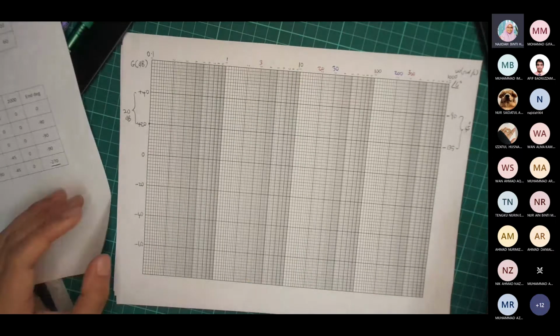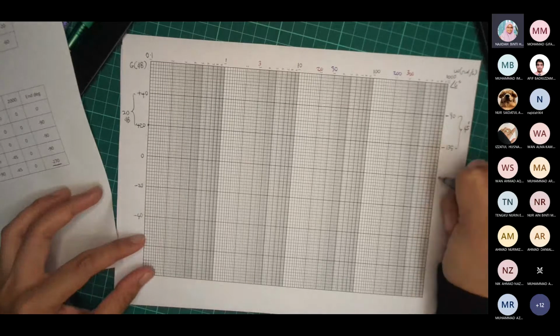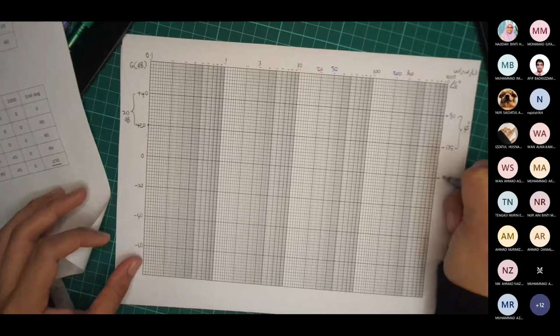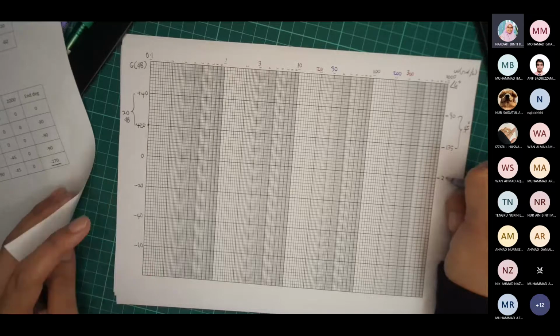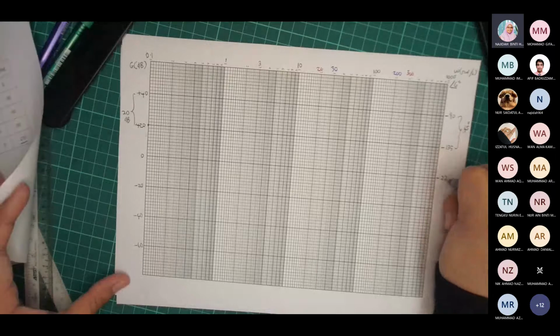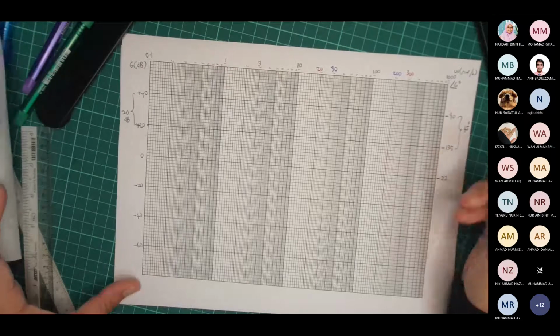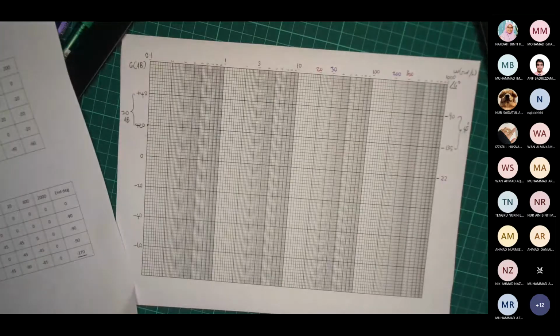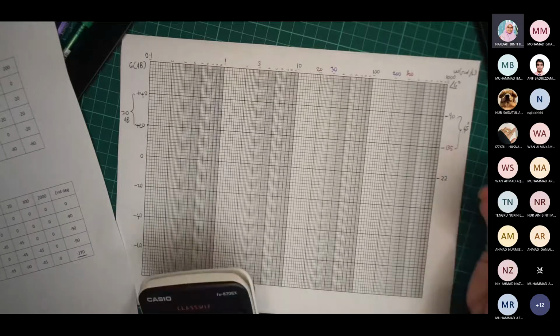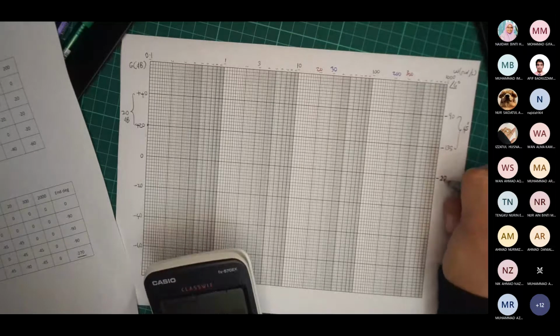Okay, so the next bold horizontal line is negative 2, how much? 225? Yep, 225. Sorry, 180. Okay, this one is 180 degree.